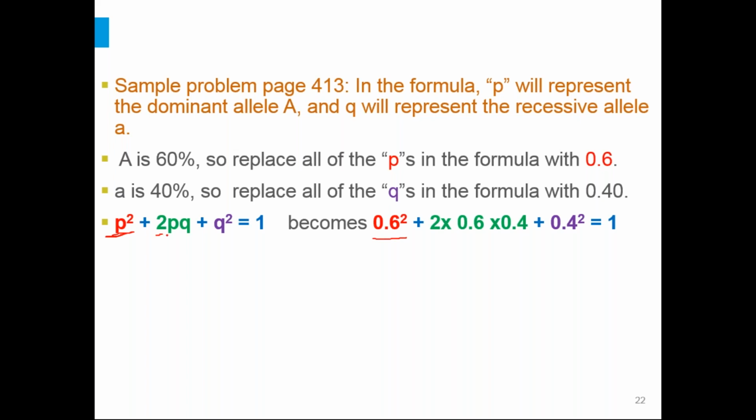And then we had 2 times p times q, so now we have 2 times 0.6 times 0.4. Again, all we did was replace the letter p with 0.6 and replace the letter q with 0.4. And then our last term on the right here, we had q squared, so that becomes 0.4 squared.